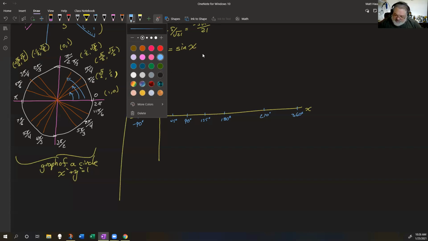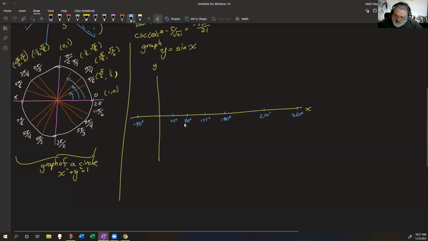A couple of references here. If this is, say, 90 degrees, that means the angles that occur between here and here, between 0 and 90 degrees, this is a representation of quadrant 1. Quadrant 1 is occurring in that column.